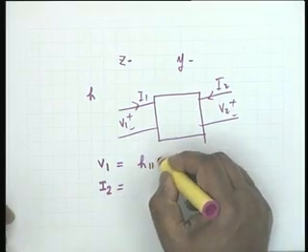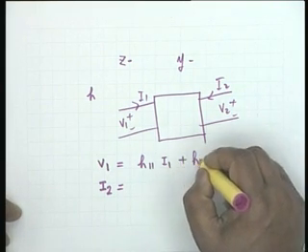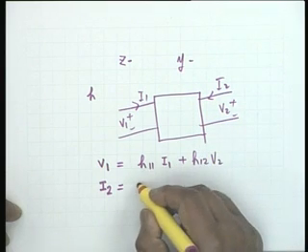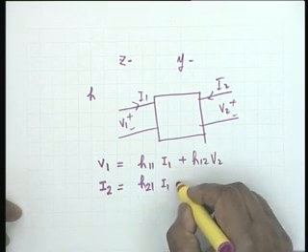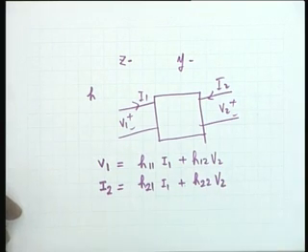The quantities are written as H11 I1 plus H12 V2, H21 I1 plus H22 V2. The independent parameters are I1 and V2, and these are the four parameters.